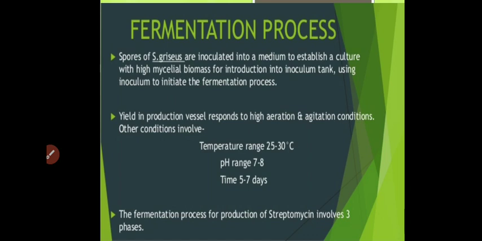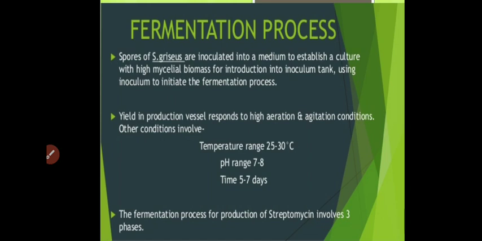The temperature of the fermentation medium is adjusted between 25 to 30 degrees Celsius, and the pH is around 7 to 8. The time required for the proper production of streptomycin is 5 to 7 days, so the fermentation is carried out for 5 to 7 days.